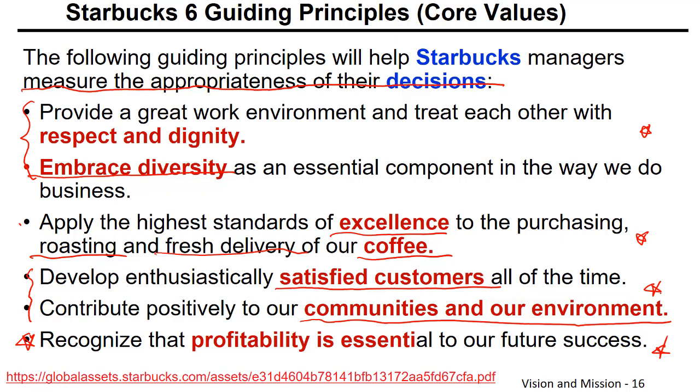But it's not clear which principle may be more important than the other. Certainly we can argue profitability is important, but a good, respectful working environment may be the key to their success. So the principle listed earlier may be more important than the one listed later.